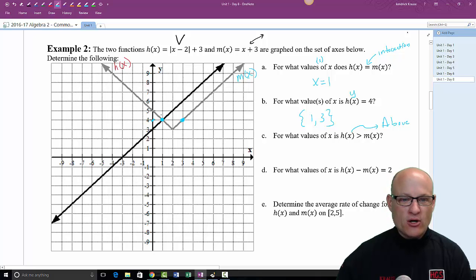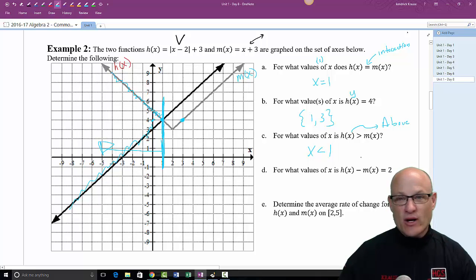And that would be all here. This is where it's above, because it's all above all of this stuff down here. So from this point on, 1 is the breakoff point. From this point over, gray is above black. So when x is less than 1.